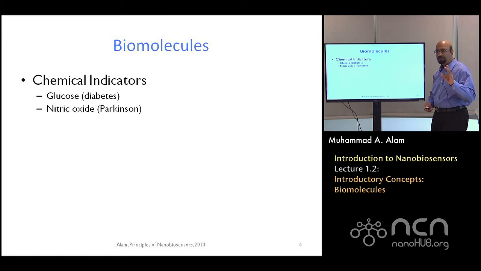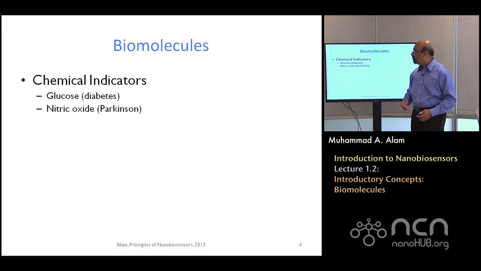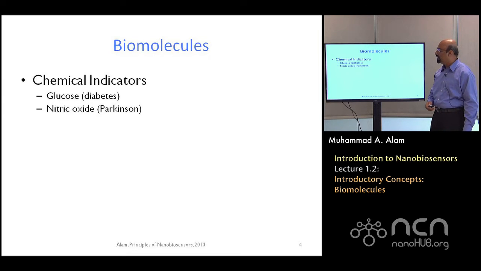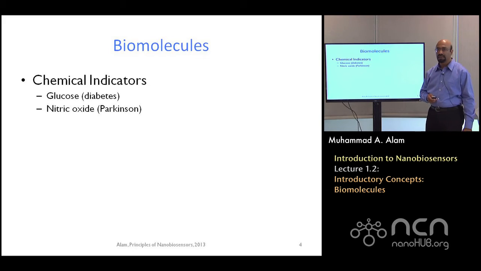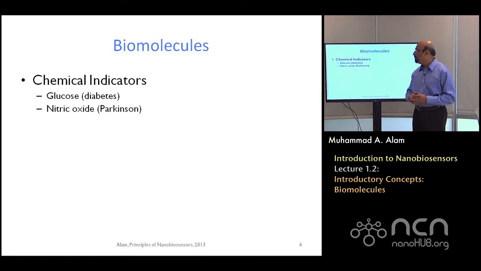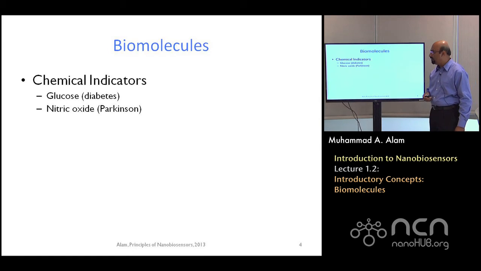Now, we'll be thinking about three types of molecules. One would be very small molecules like glucose or nitric oxide. For example, glucose, of course, all of you know, if you have an older relative that is related to diabetes, and then nitric oxide has been correlated to many diseases, but in particular to Parkinson's, for example.